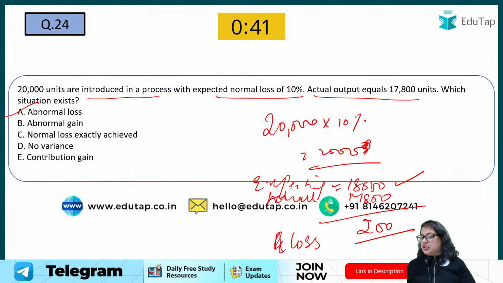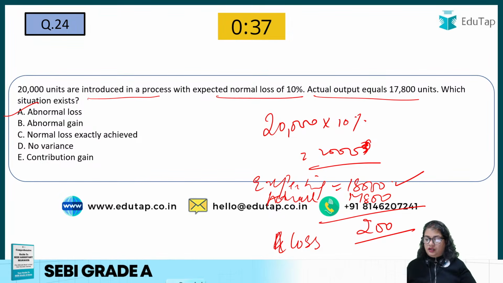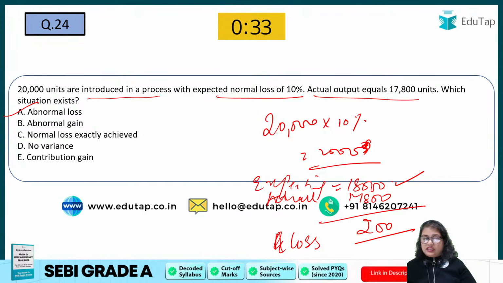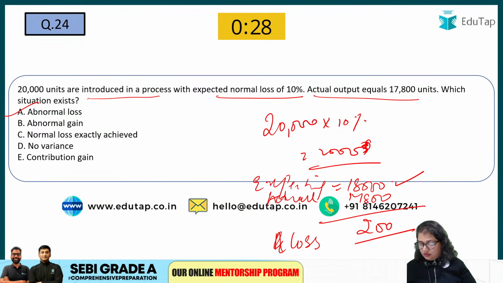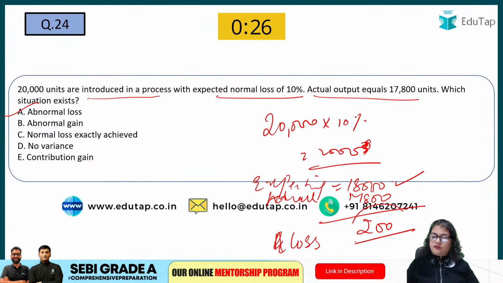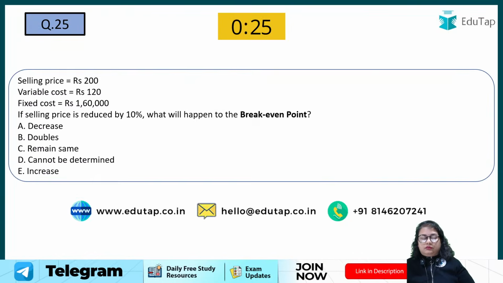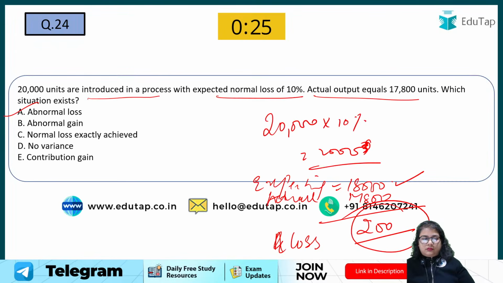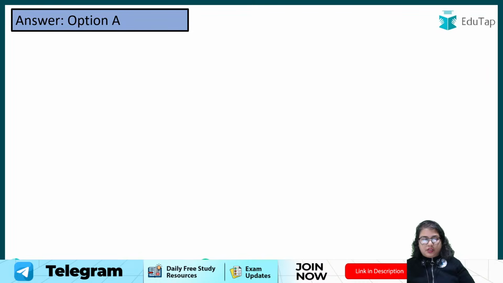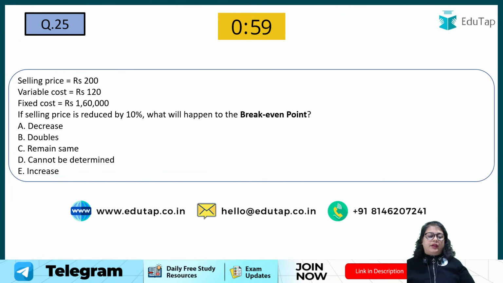But actual production is lower than that, 17,800. So of course we have lost more units. So the answer is abnormal loss, not gain. Okay everyone? So there is a loss of 200 units. Option A.